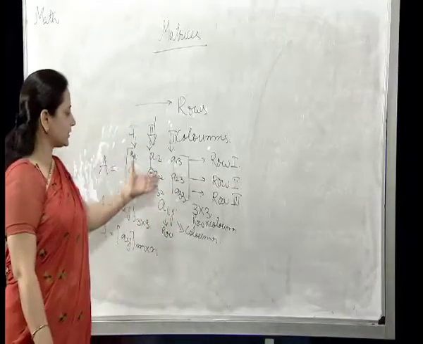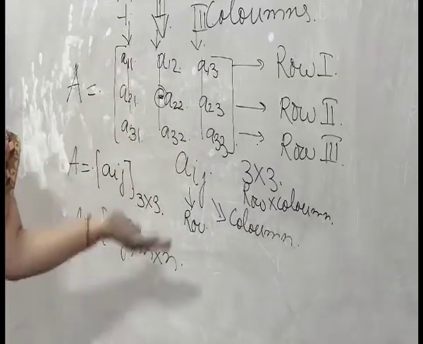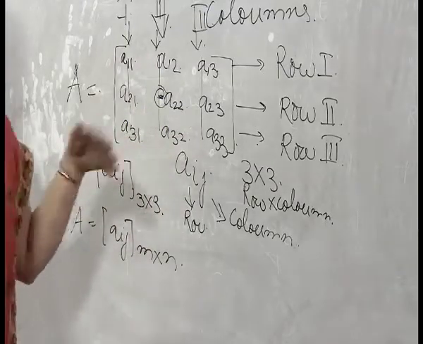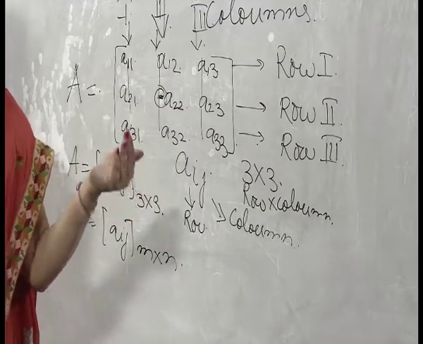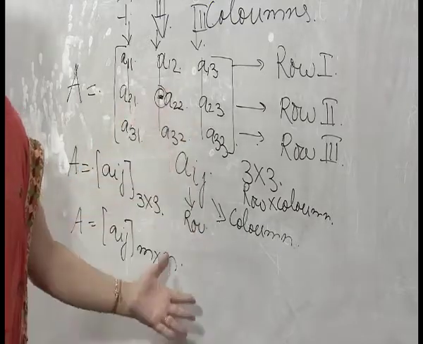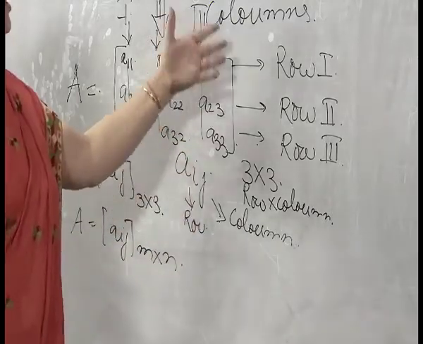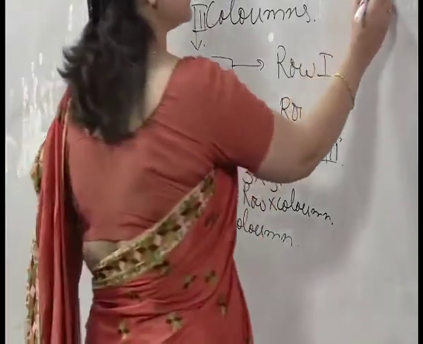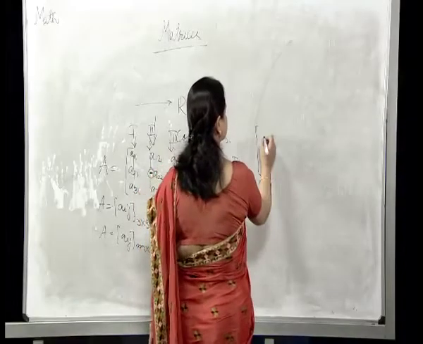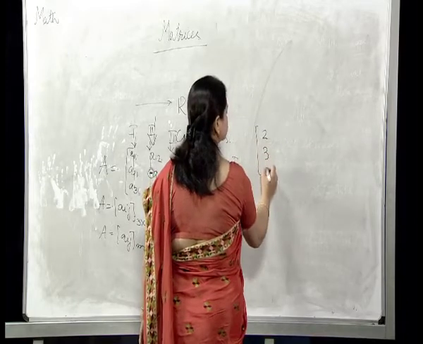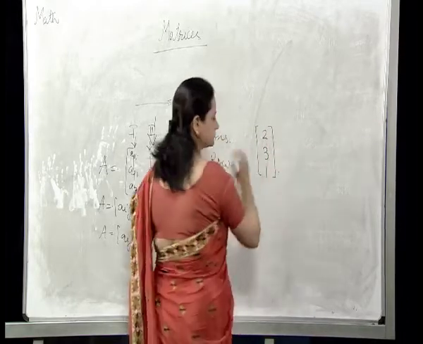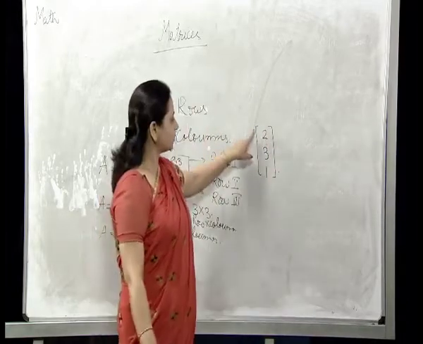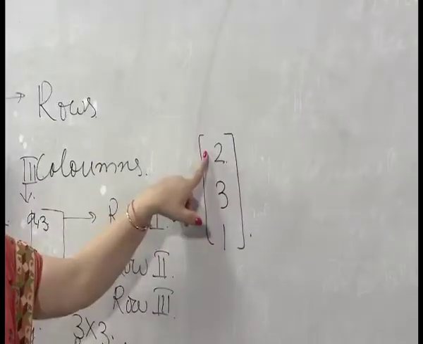Now we can construct matrices of different orders. If I write a matrix like this, you can see how many rows it has.